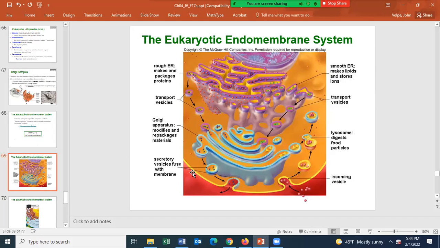And then the vesicles will move the protein to where they're needed. In this case, it's showing you a secretory vesicle. This vesicle will fuse with the cell membrane and then dump the contents of the vesicle external to the cell. Any question about any of that?